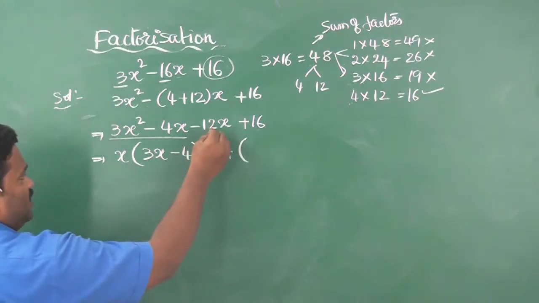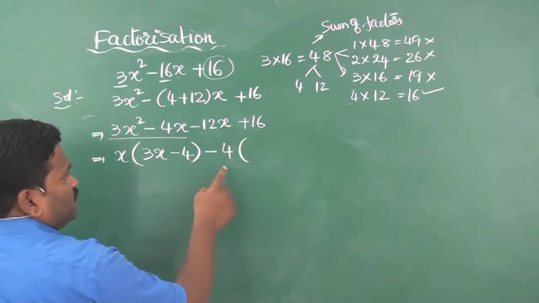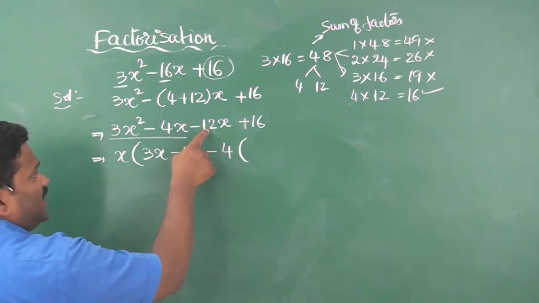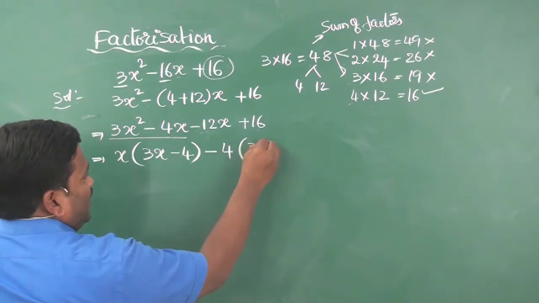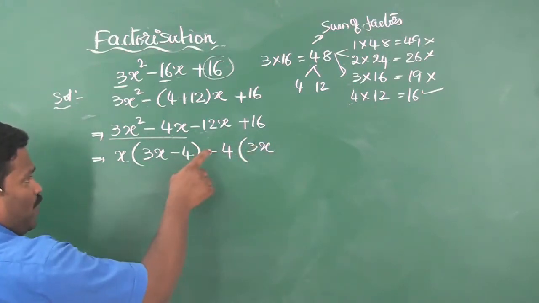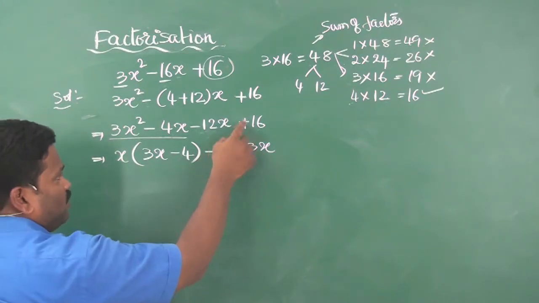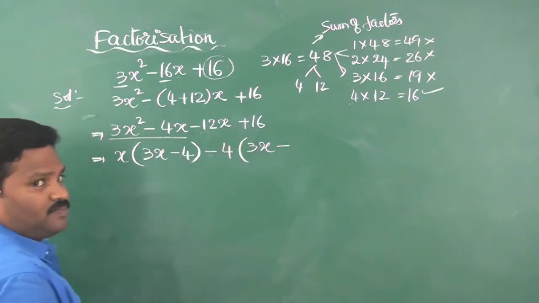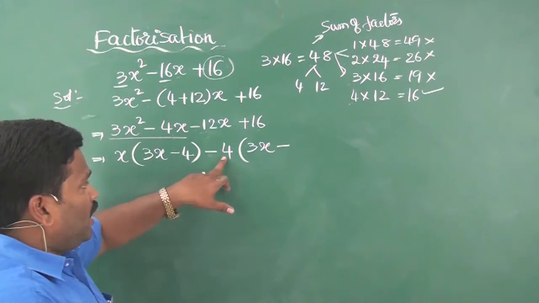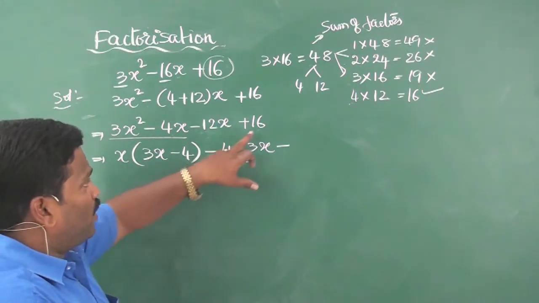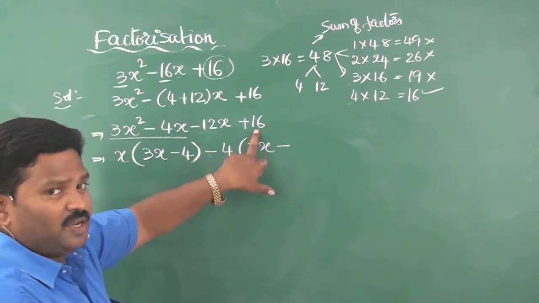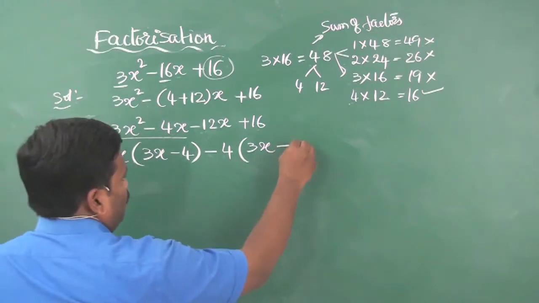What are the other factors left in this term? Since I took 4 common, 4 3s are 12, 3x. Since I took minus common, if you take minus common, this plus becomes minus. How many times will 4 go in 16? 4 times. Therefore 4.